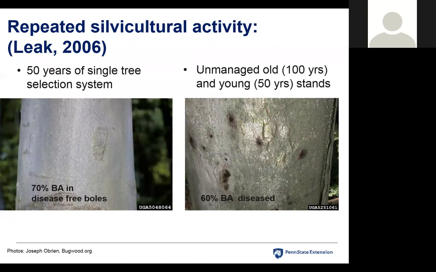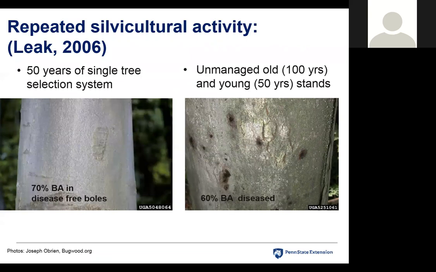And so in those stands after 50 years, 70% of the beech basal area was disease-free boles, compared to either unmanaged stands, so these were stands that hadn't had any kind of silvicultural activity for 100 years, or those that were clear-cut about 50 years ago, so at that same point where the aftermath forest was just beginning.